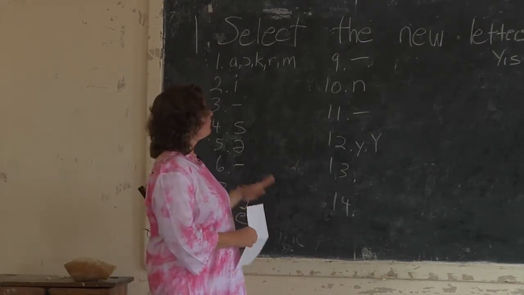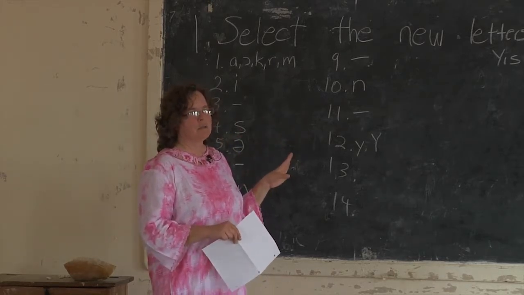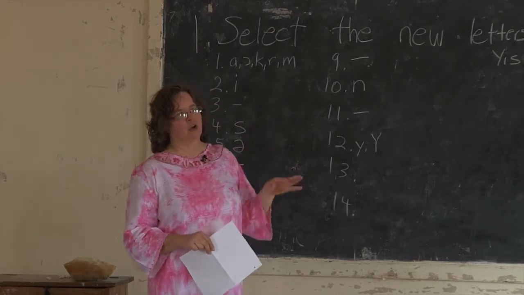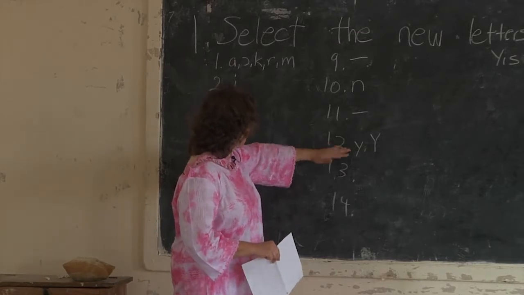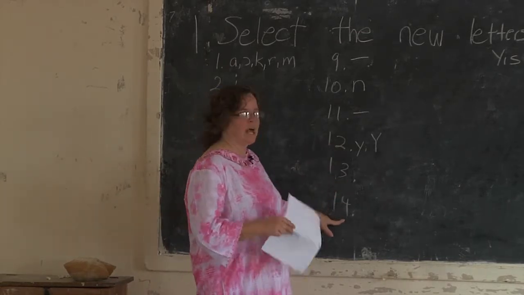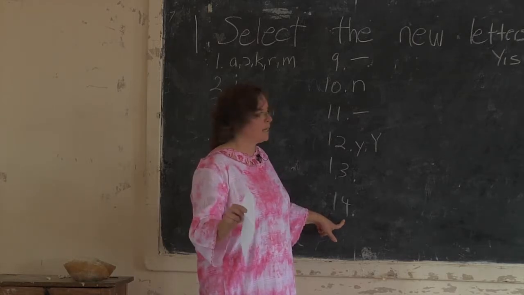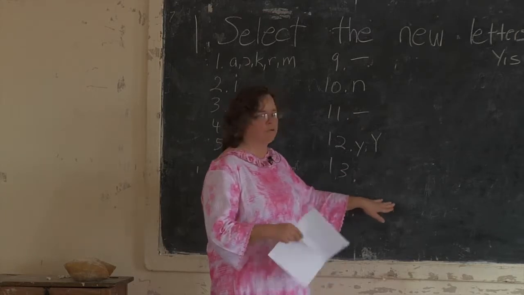Okay, so the first 32 lessons we want to introduce as much as possible all of the letter and letter combinations. So after lesson 12, beginning with lesson 13 and 14. Now, Mende, you're going to have more than the Timne, right? So sometimes you may introduce a couple of new letters.